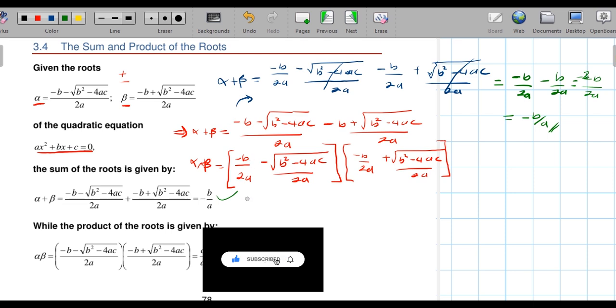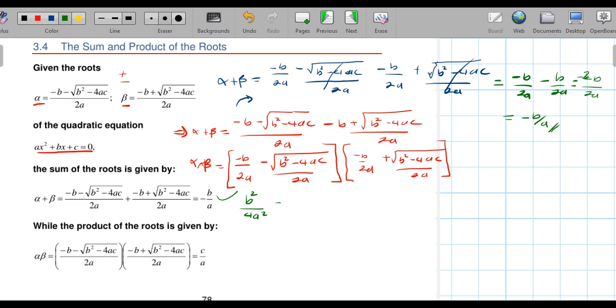Multiplying this, we are going to have b squared over 4a squared, this times this. Then this times this, you have minus b over 4a squared into square root of b squared minus 4ac. Then this times this gives plus b over 4a squared into square root of b squared minus 4ac.